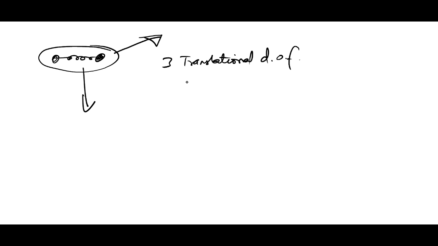Now in addition, there's going to be a rotational kinetic energy. So for example, if that's the x-axis, then it's possible that this diatomic molecule is rotating about the x-axis. Notice that the x-axis, for simplicity, I've shown it passing through the midpoint.